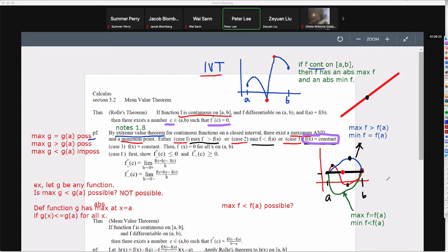Because when you look at the definition of a tangent line, the tangent line is the linear behavior of the curve at that point. But if the curve itself is a line, it's not that interesting because the graph is a line. In that case, the tangent line is the line itself.